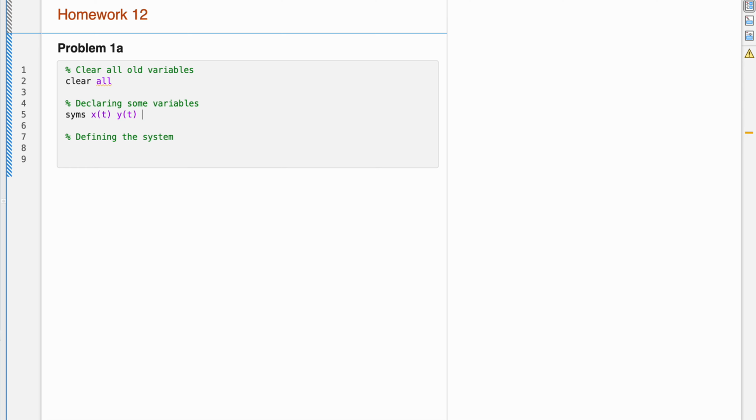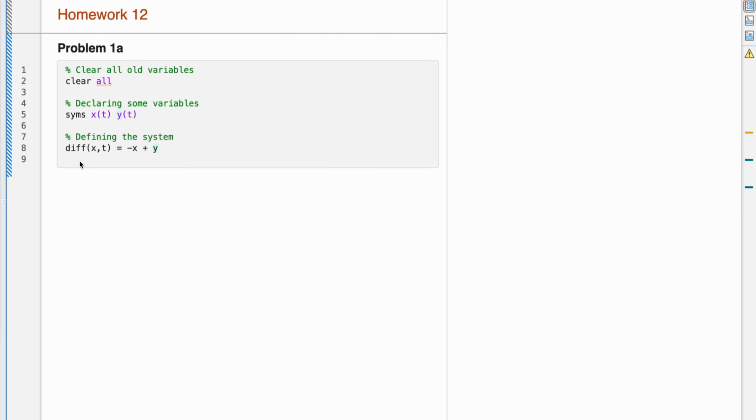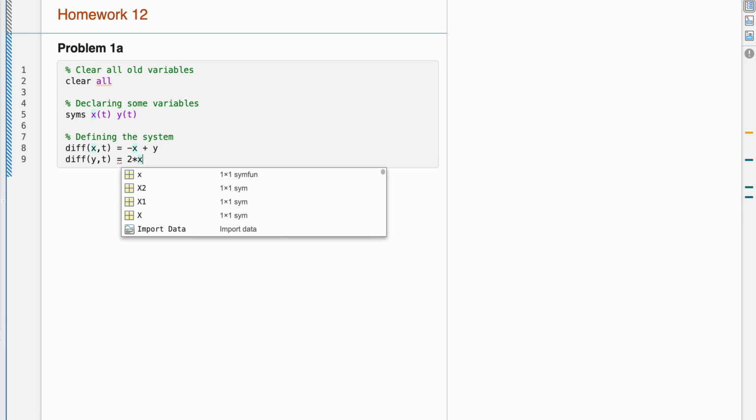We assume that's the only independent variable. So now I'm going to say that the derivative of x with respect to t is equal to minus x plus y. And that the derivative of y with respect to t is equal to 2 times x.